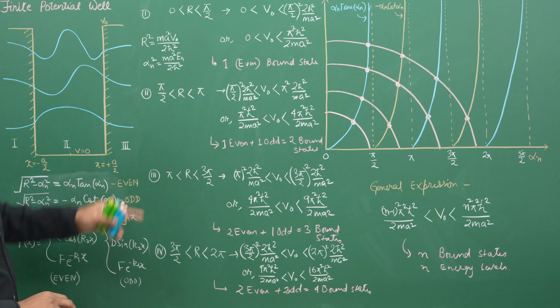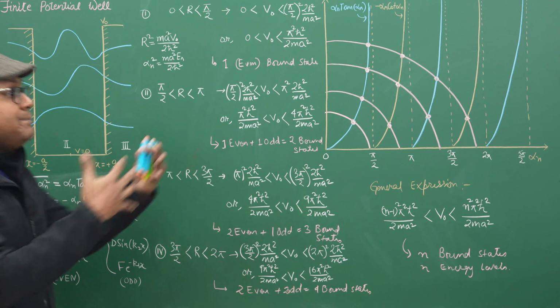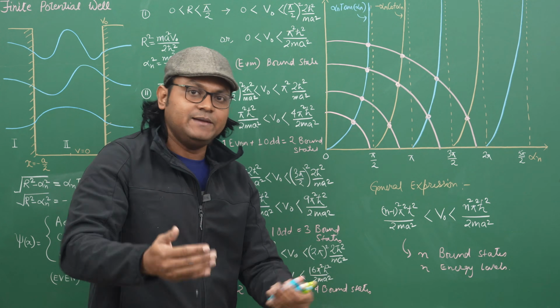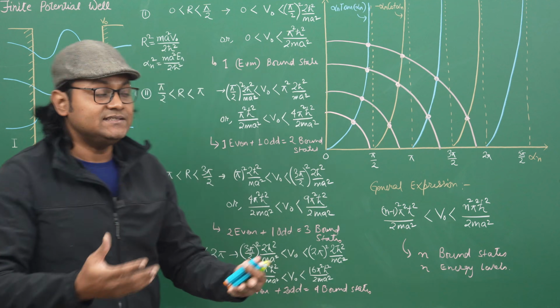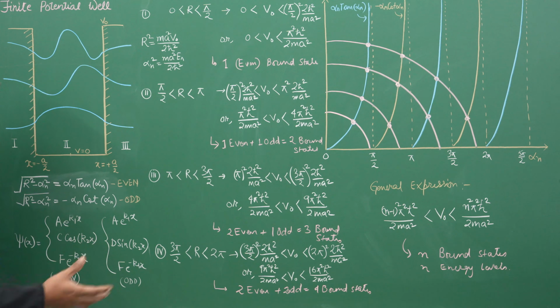Now, of course, it is also proportional to a square. So, the deeper and broader a finite potential well is, the greater is the total number of bound state solutions.